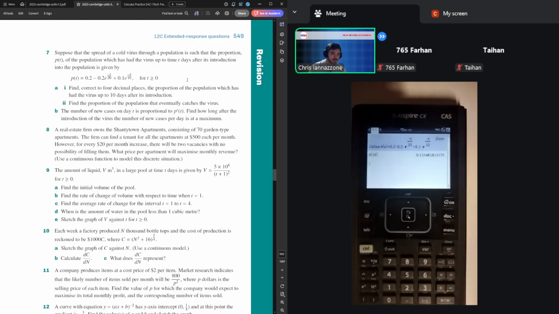You can do this a couple of ways. You can do it just by looking at this function and understanding your exponentials. Alternatively, we have a CAS, so we can graph this, shoot the axes out as far as we want, and if you shoot it out far enough, you'll definitely converge on a value.